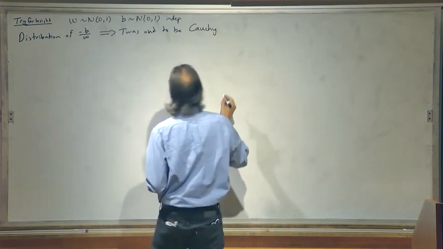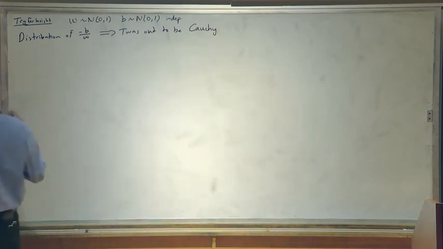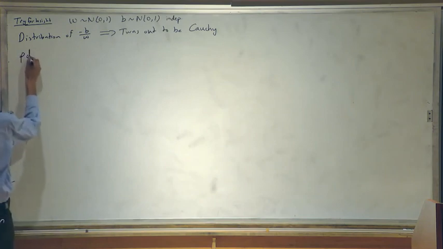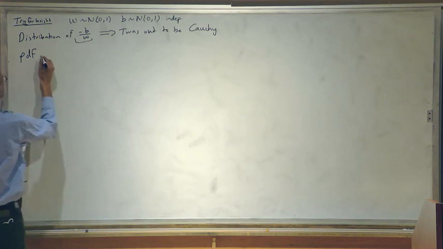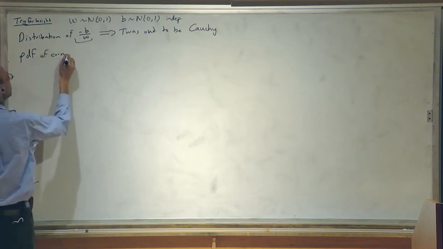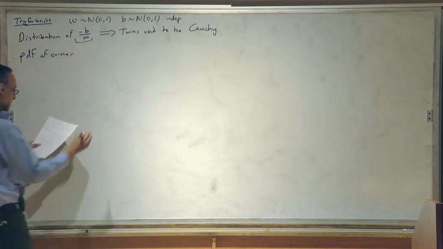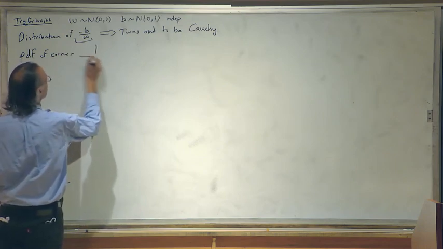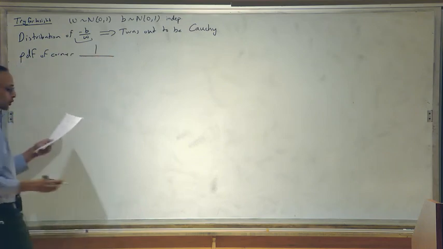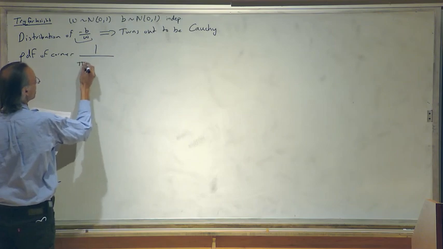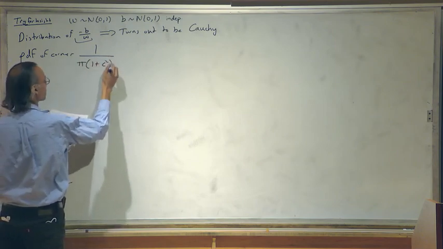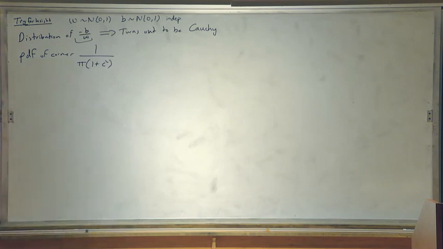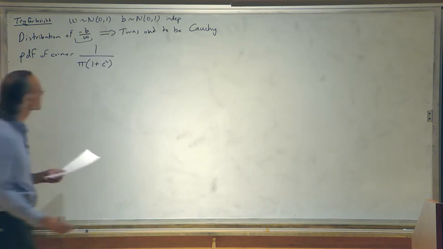So the PDF of this corner, where the placement of this corner is, let's call it c, turns out to be 1 over pi times (1 plus c squared). What does that look like?